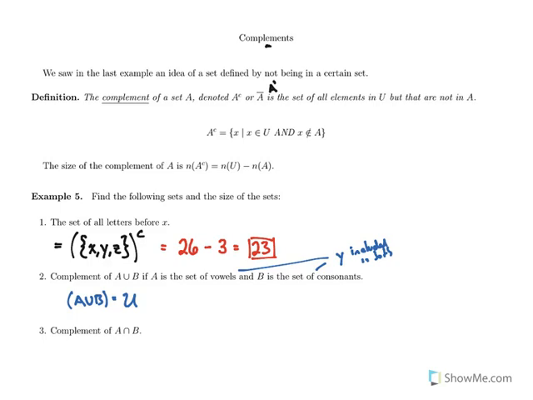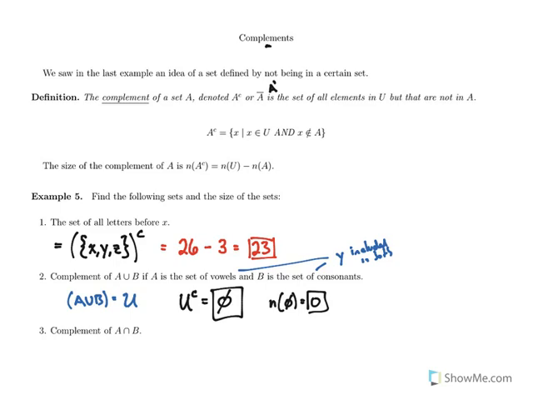So the complement of that, U complement, is going to be the empty set. And the size of the empty set we said was 0. The opposite of everything is nothing. U complement is the empty set.